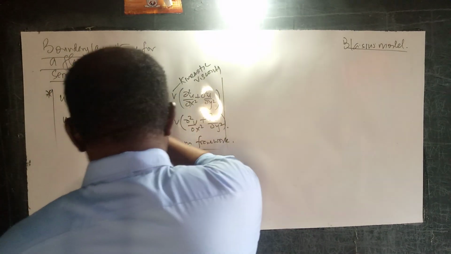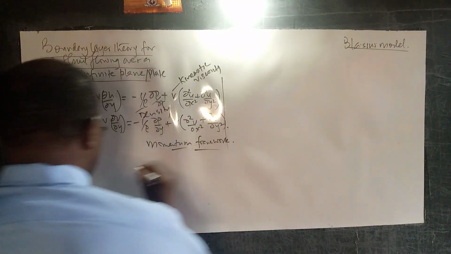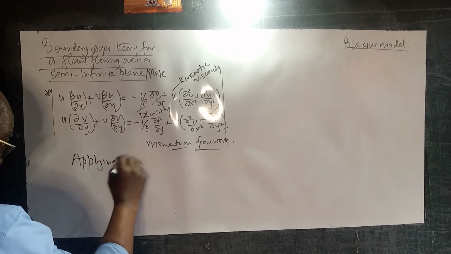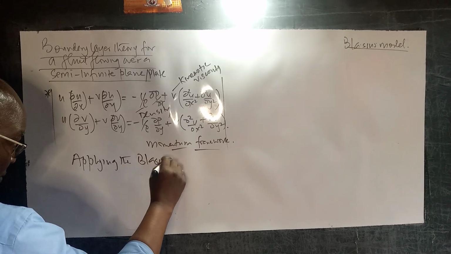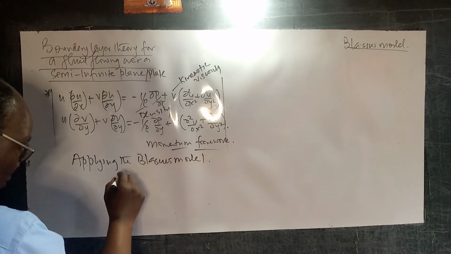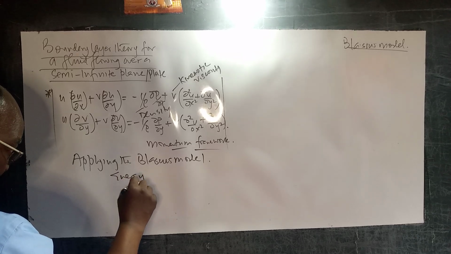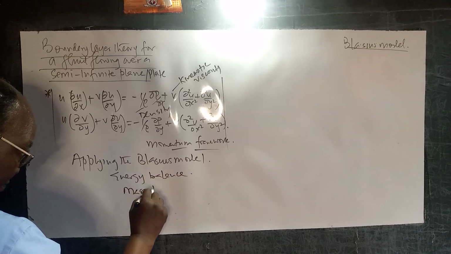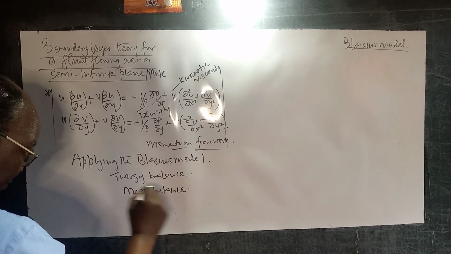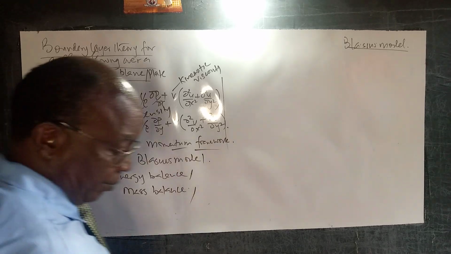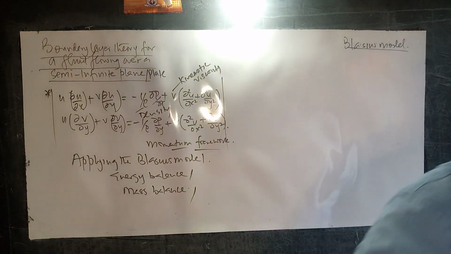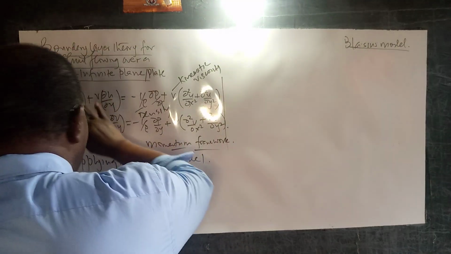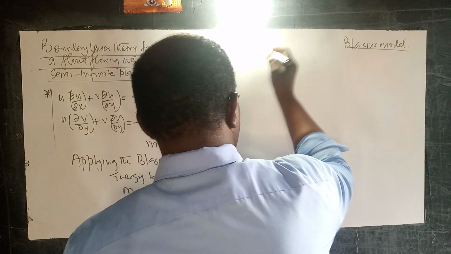So using the Blasius model, we want to obtain the energy balance and the mass balance expressions, just similar to that for the momentum balance which you have there.